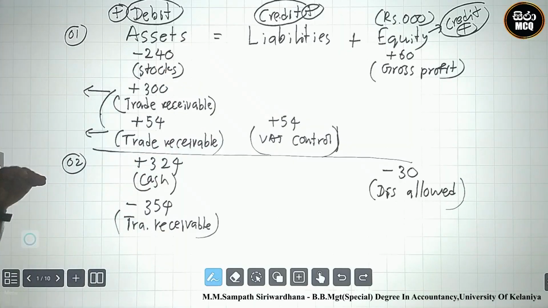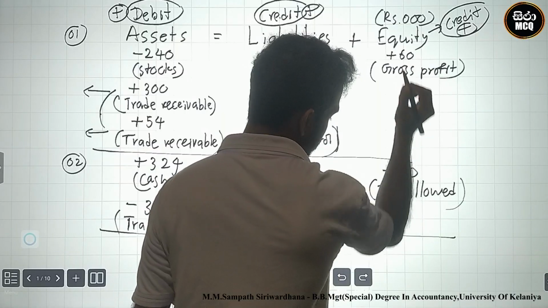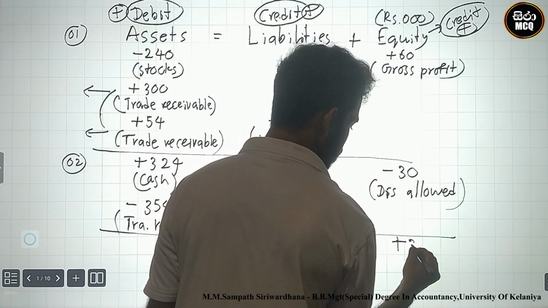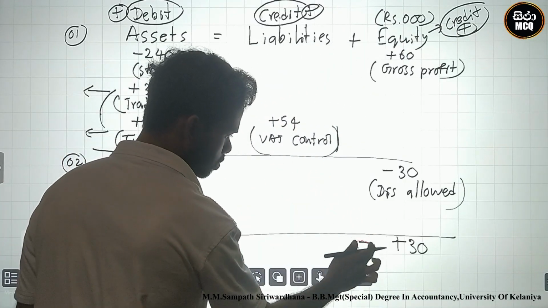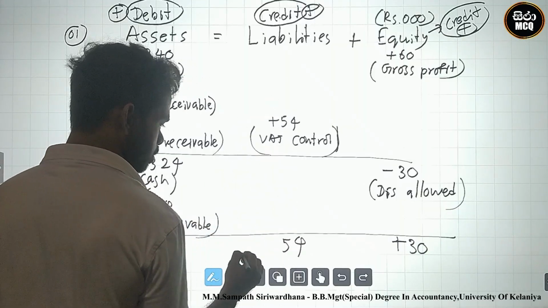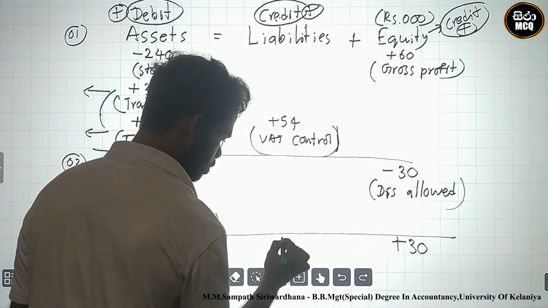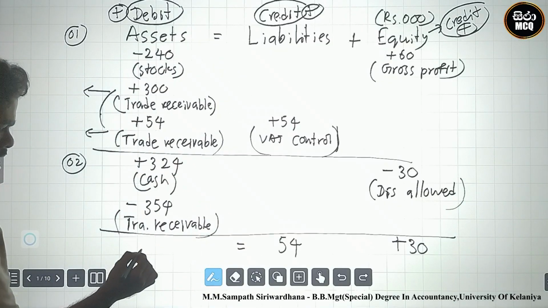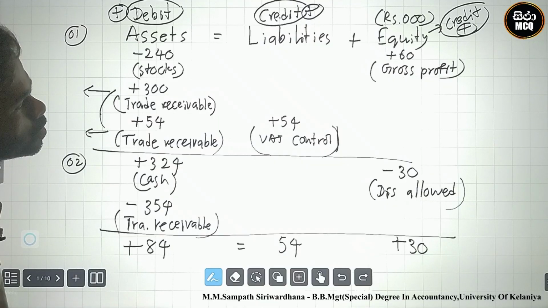Therefore net impact of 1 and 2 only. Net impact, look here, this is plus 60 and minus 30. Net impact plus 30. This impact 54 plus, 54 plus, this impact is 84 plus.